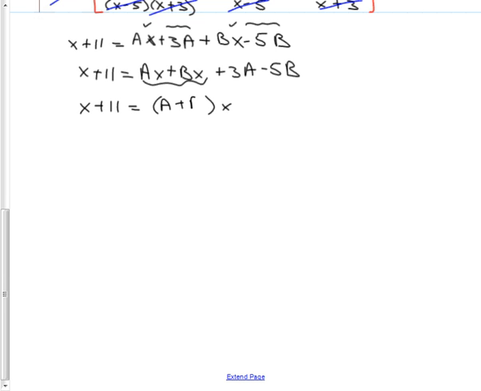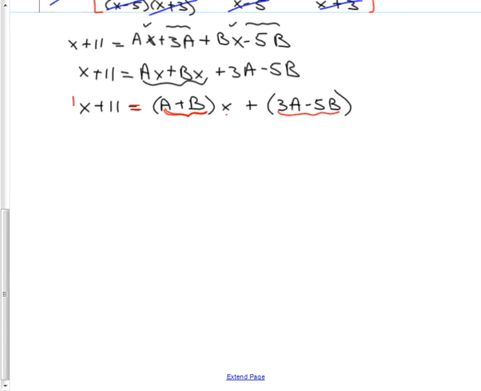So a plus b, factored the x out. If I distribute it back in, it's ax plus bx. Plus, I'm going to write this in a set of parentheses, 3a minus 5b. These two sides are equal to each other. A and b stand for some number. 3a minus 5b, that stands for some number. And if these two sides are equal, this a plus b is the coefficient of the x.